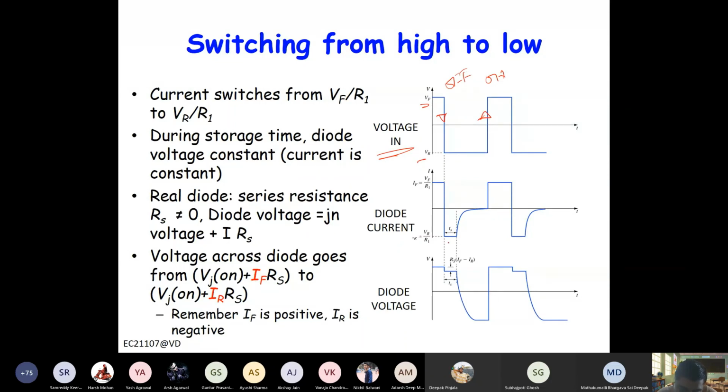During turn off, the diode will basically conduct the maximum current in reverse bias, VR by R, till the storage time. Then there is the reverse recovery time, and then it has a steady state.